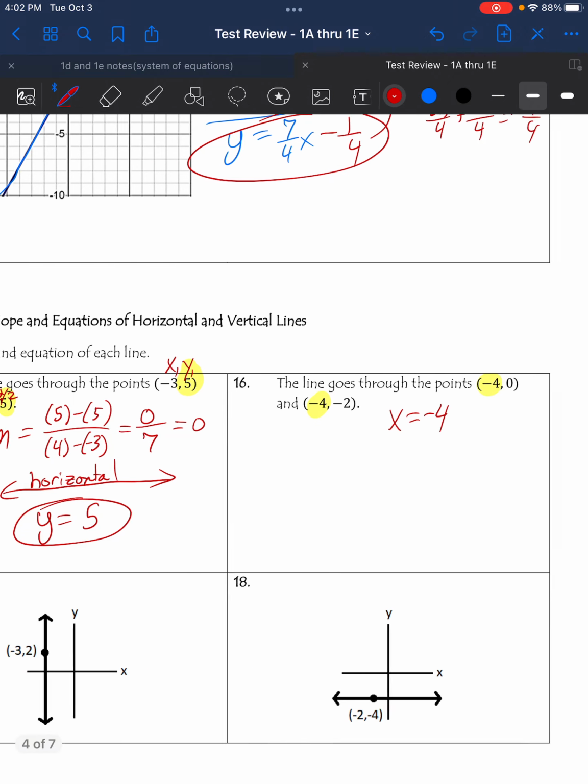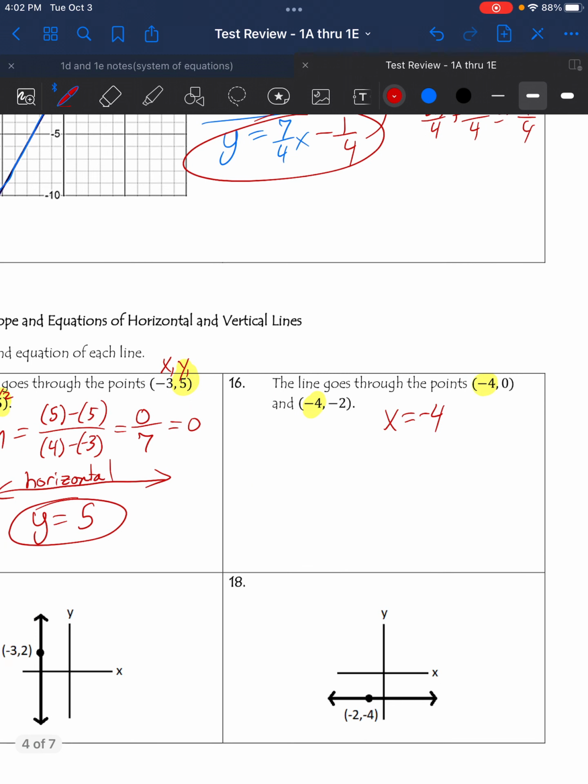If you want to get the slope, I'll do the slope with x, y, first point, second point. So I got -2 minus 0, and then -4 minus -4. -2 minus 0 is -2. -4 minus a negative is plus, so that's 0.